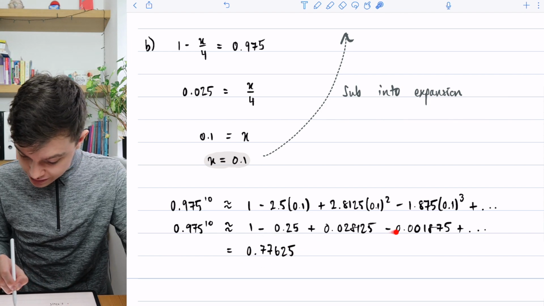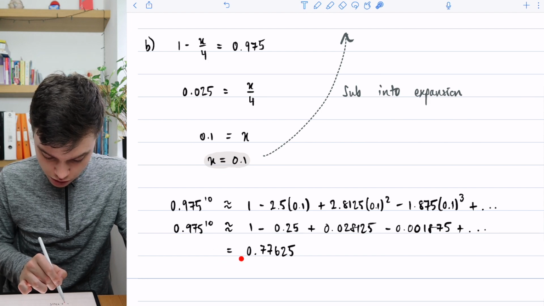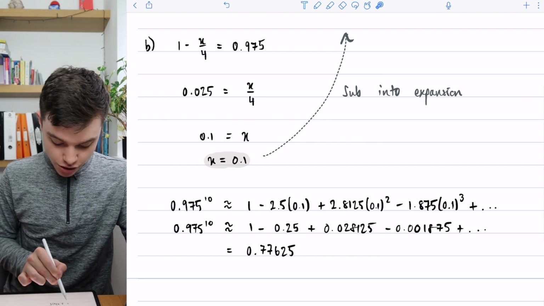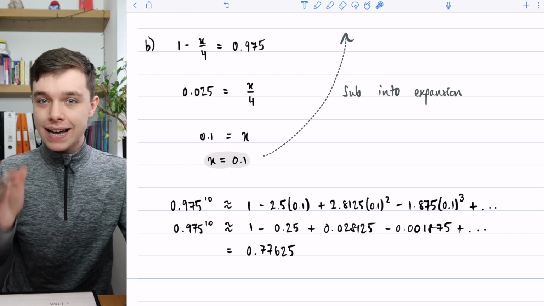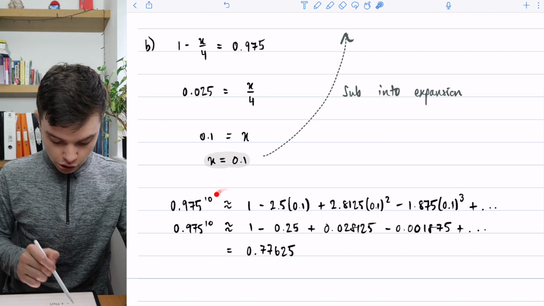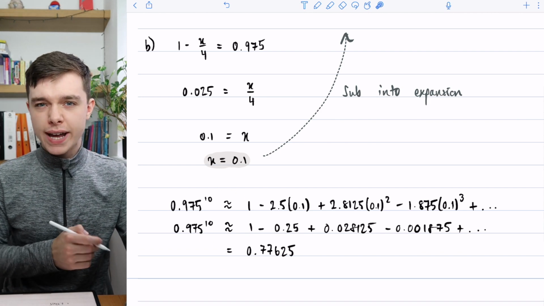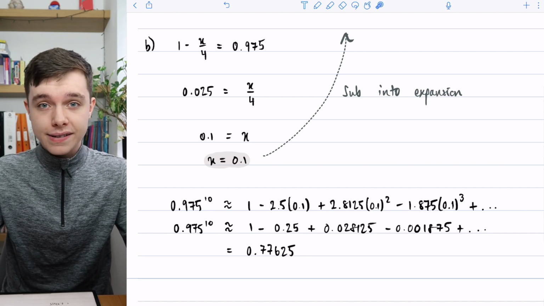I have calculated what those 4 terms are added together, so it's equal to this. It's not approximately equal to 0.77625, it's exactly that, because that's what we've done in our addition here. So just make sure you get your signs right. It doesn't really matter if you put estimate or equal, it's just good practice to put the correct sign.